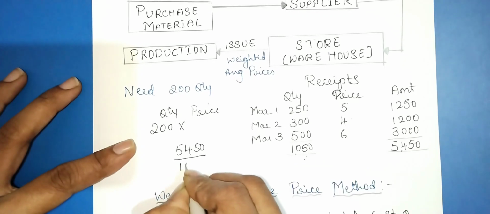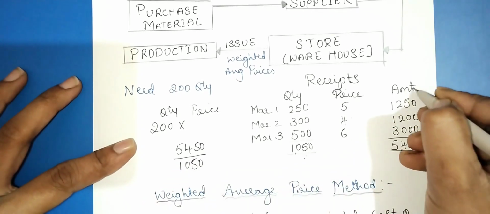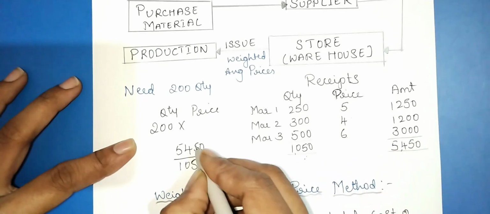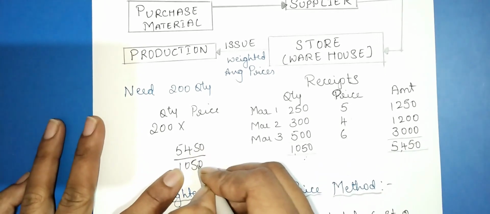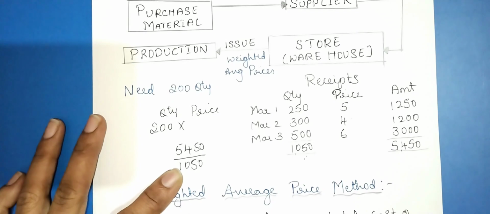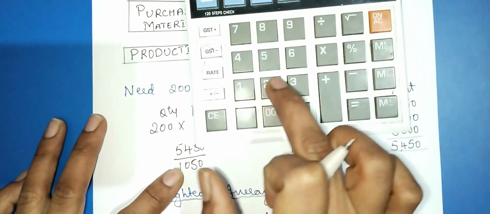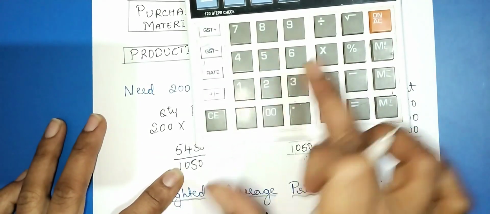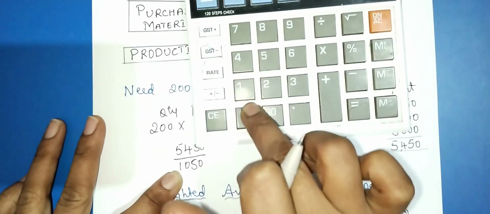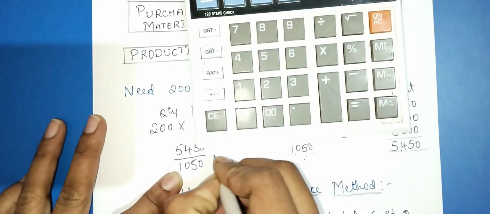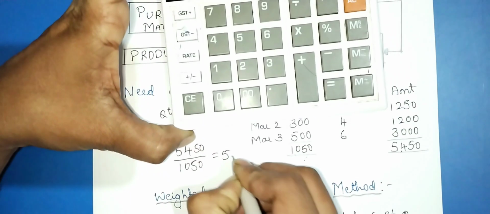Total quantity 1050. Total amount 5450 divided by total quantity 1050. Now we'll calculate 5450 divided by 1050, the rate is 5 rupee 19 paise.